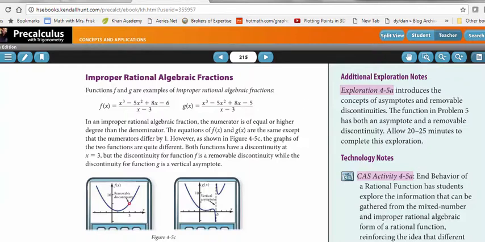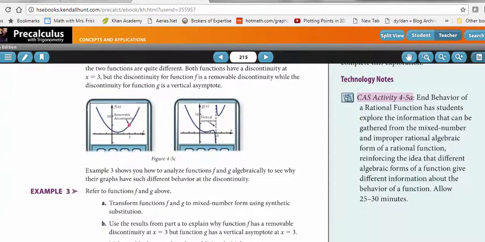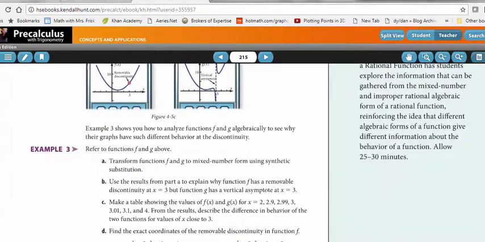All right, awesome. So let's go ahead. If I scroll down, example 3, we're going to refer to functions f and g above, and we're going to transform functions f and g to mixed number form using synthetic substitution. I just graded some last tests, and that was a problem that was on your quiz. I'm sorry, not your test, your last quiz. So this will be a good review over that quiz.